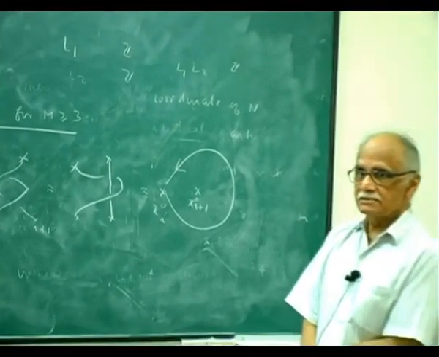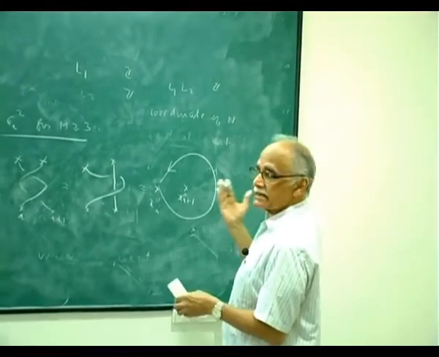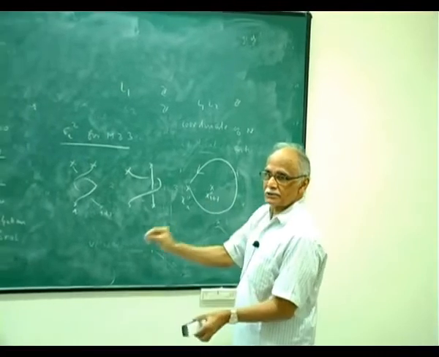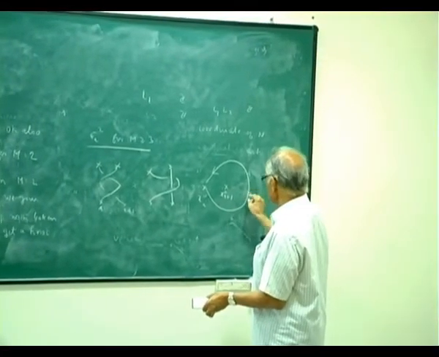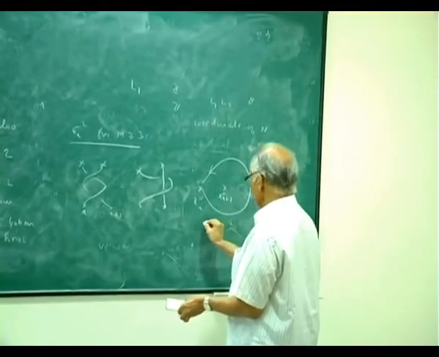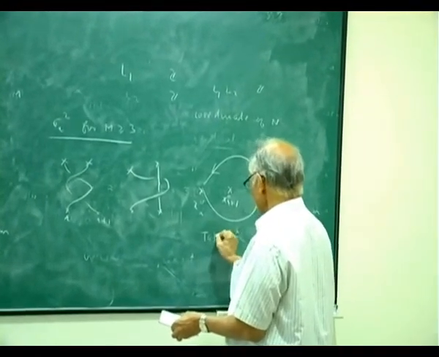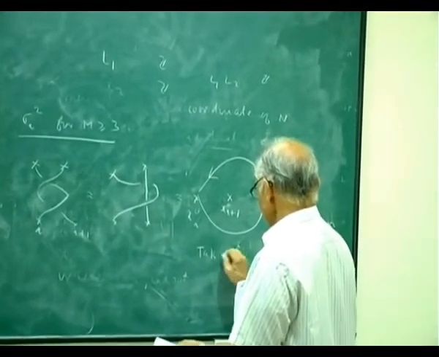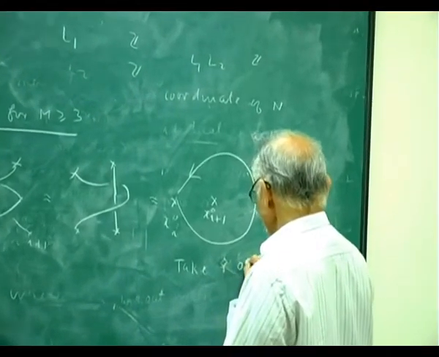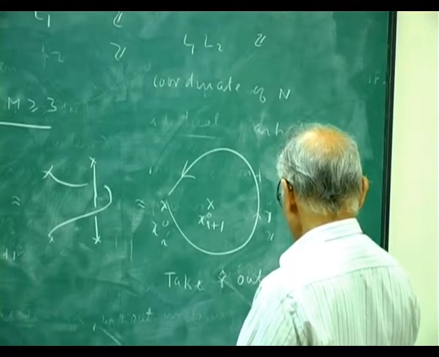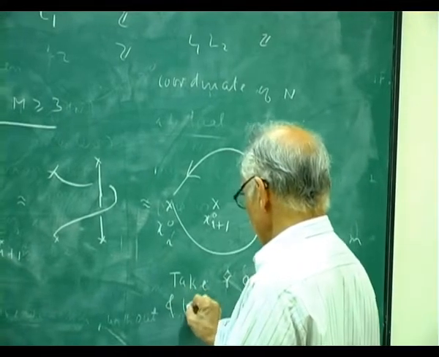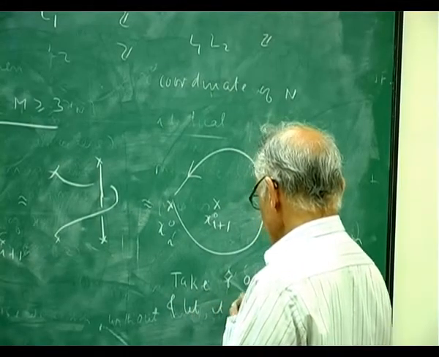In 3 dimensions I can take it out of the plane and shrink it to a point. So take this loop, this gamma, take gamma out of the plane, and let it shrink to a point.